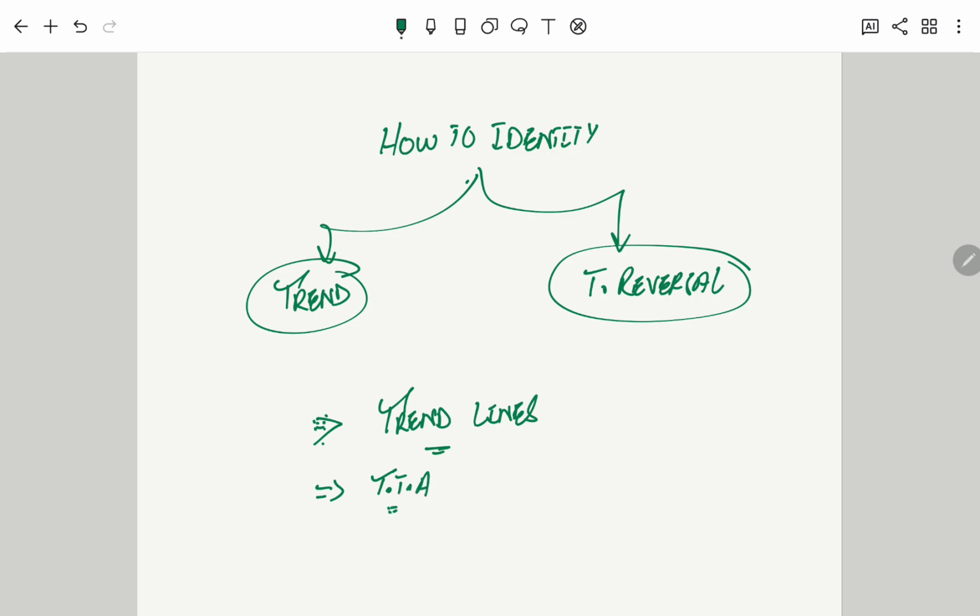In the technical trend approach, we study break of structure, we study change of character, we study inducement. These are the three things we study.